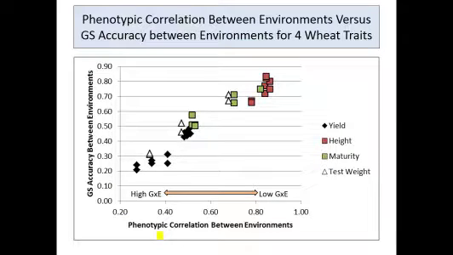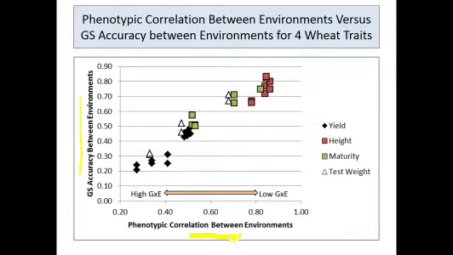Well, this shows some results of studies we've done in my program. We're looking at the phenotypic correlation between data collected in 2 different environments, along my x-axis. Then we use data from one environment to build a GS model and see if it can predict the phenotypes in the second environment. In other words, the GS accuracy between environments.